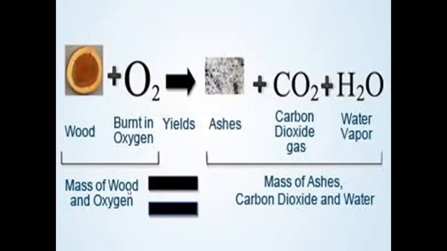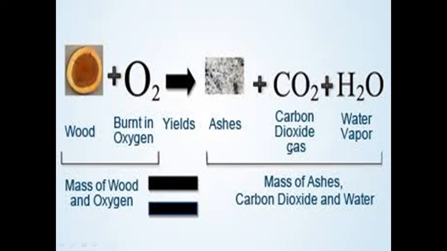Another example, if I have a piece of wood which is burned in the presence of oxygen, these two masses, the mass of wood and oxygen, after reaction must produce the ash, carbon dioxide, and water vapor.